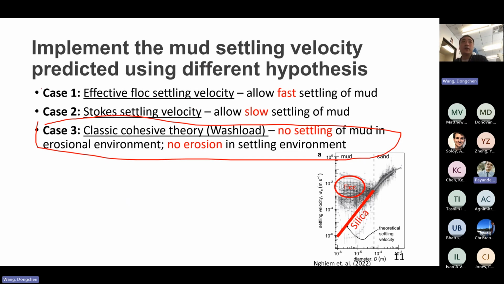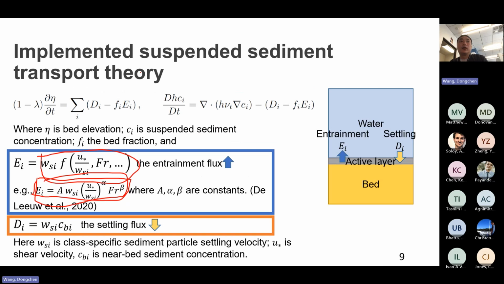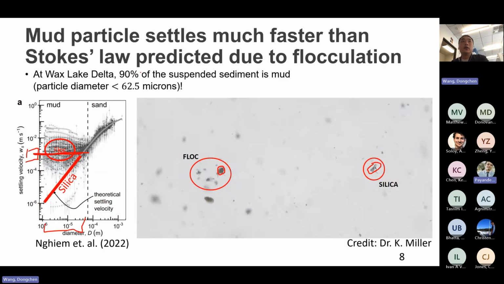But the advantage of introducing this effective flux settling velocity theory is that it does not require trial and error calibration. We derive this number based on the data, rather than keep changing the settling velocity in the model to match the result. We just derive it from the data, plug it into the model, and it turns out that it gives an okay result.